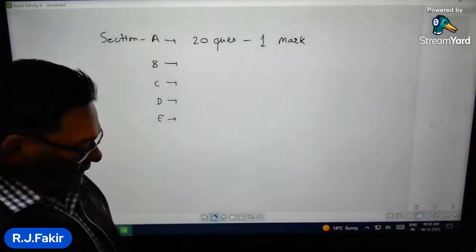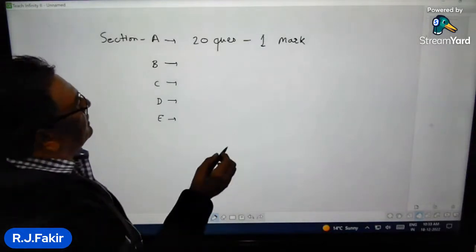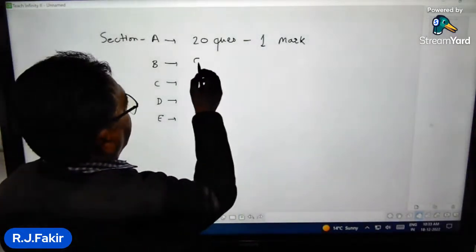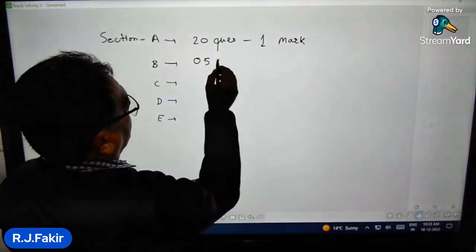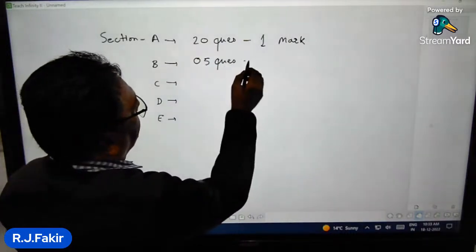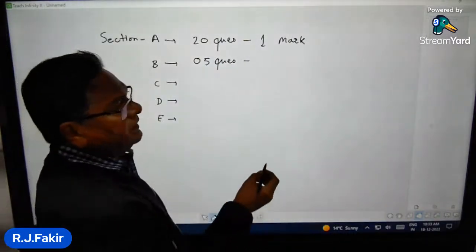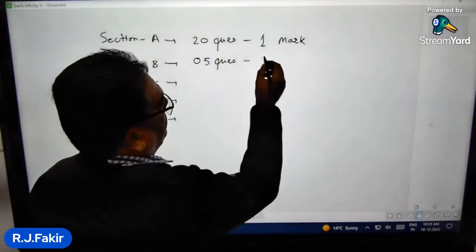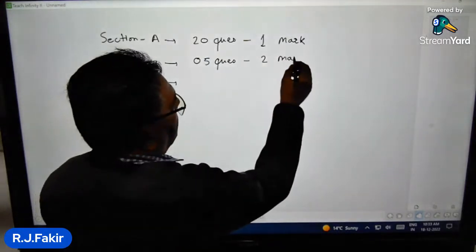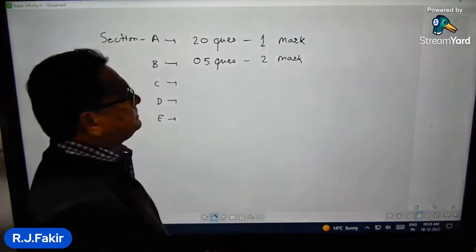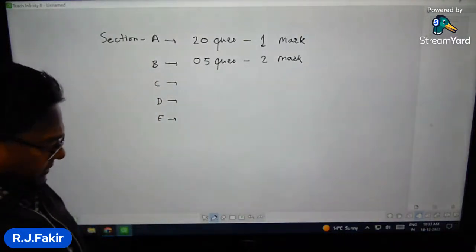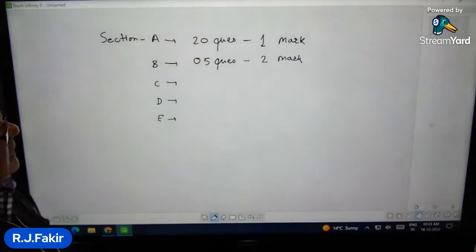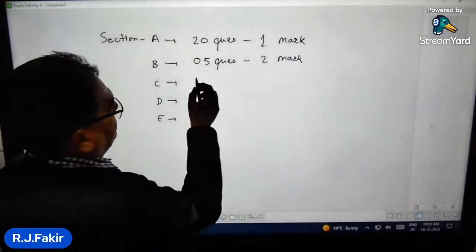Similarly, section B will contain 5 questions and each question will be of 2 marks. Coming to section C, it will have 6 questions in all.